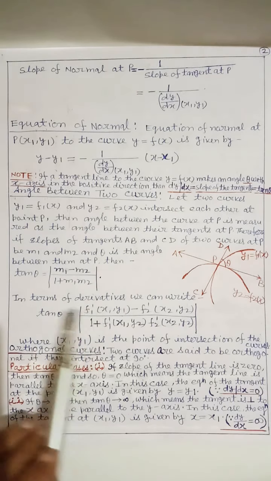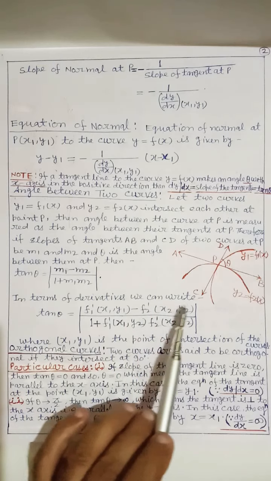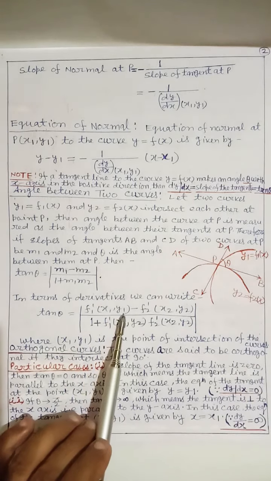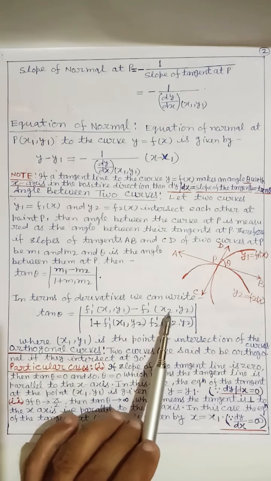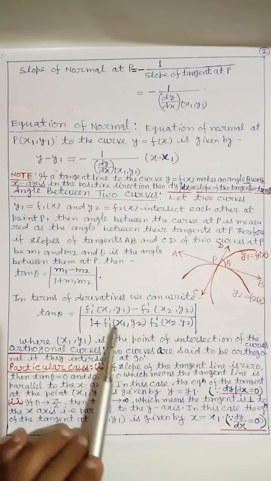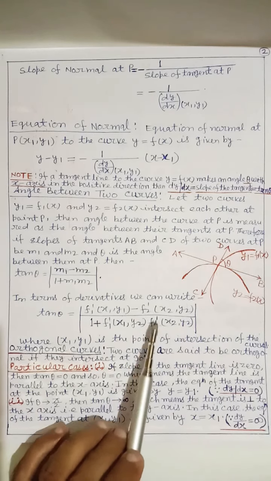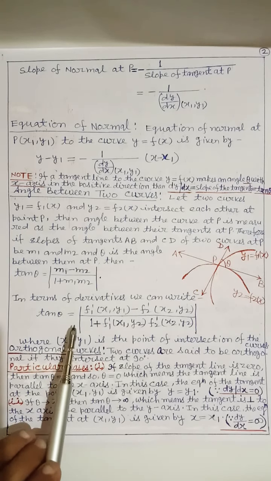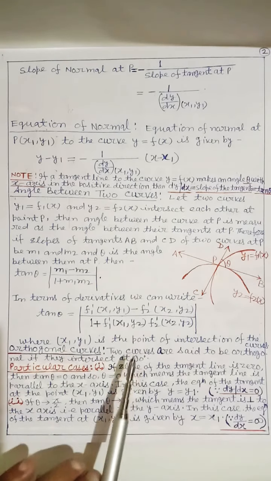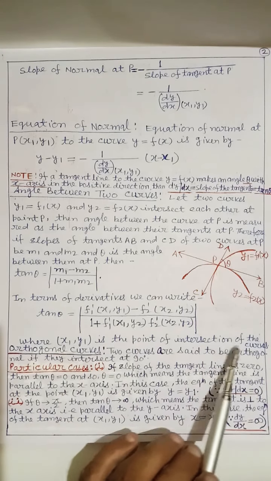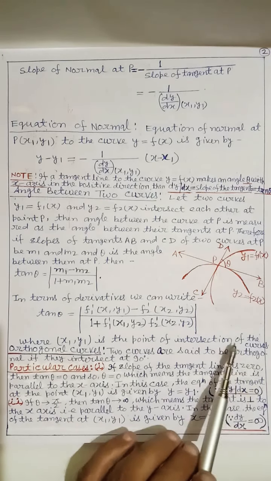So using this result, in terms of derivatives we can write tan theta equal to mod of (f1 dash (x1, y1) minus f2 dash (x2, y2)) by (1 plus f1 dash (x1, y1) into f2 dash (x2, y2)), where (x1, y1) is the point of intersection of the curves.